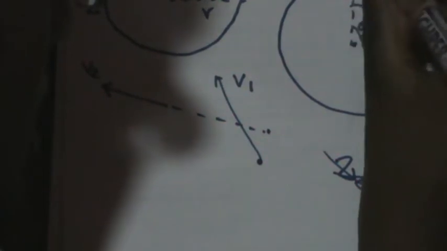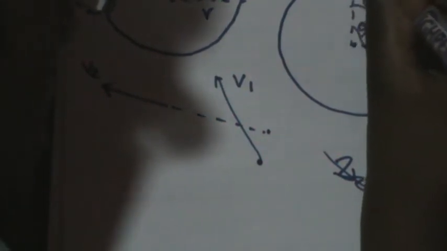So if this is theta, this is 90, this is 90, this is 90, this should be equal to 180 minus theta. So this is at omega 1, this is at omega 2.